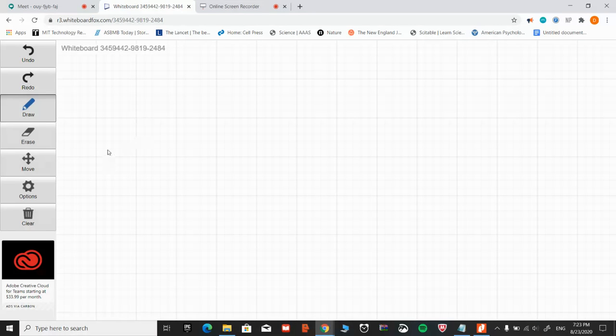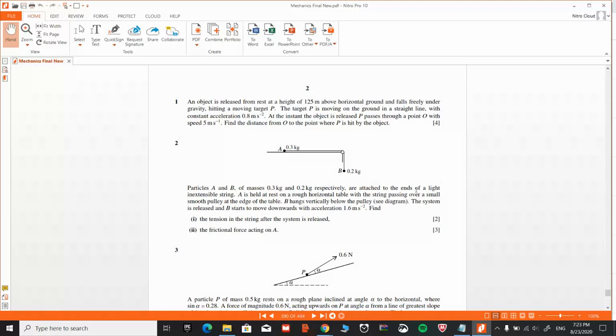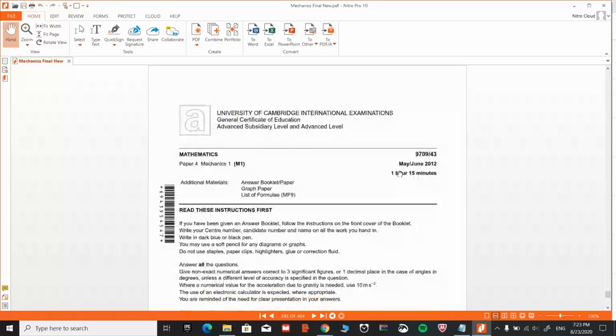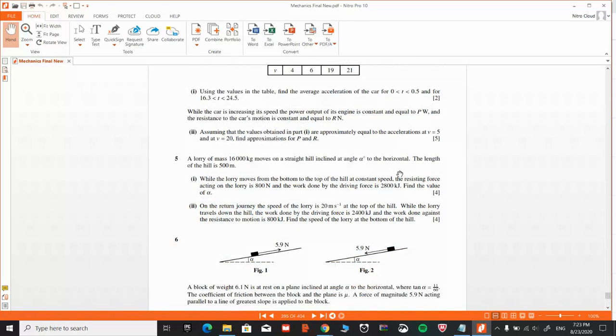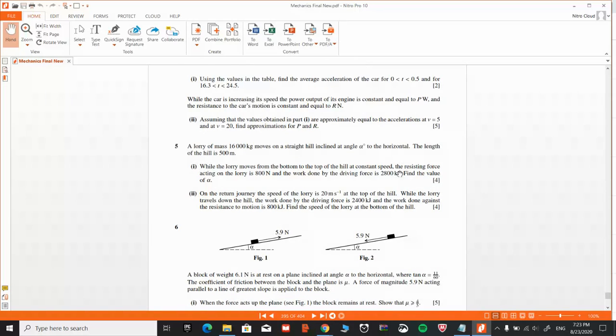Yes. All right. So today what we'll be doing is, last time around we talked about friction, limiting friction. We discussed how limiting friction is the maximum possible friction that two surfaces can have between them, and it depends on the normal contact force and the coefficient of friction.